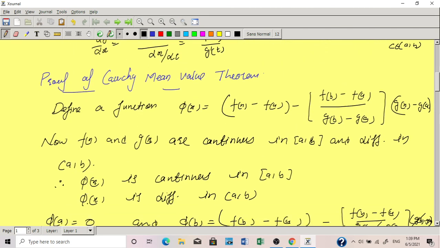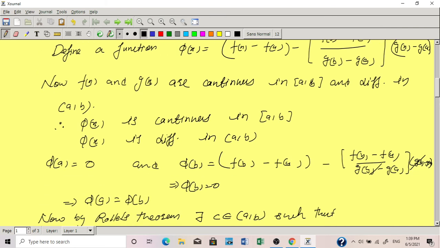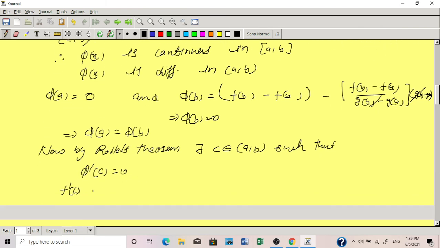Okay, 0 minus f of b minus f of a divided by g of b minus g of a multiply by simply g dash c is equal to 0.